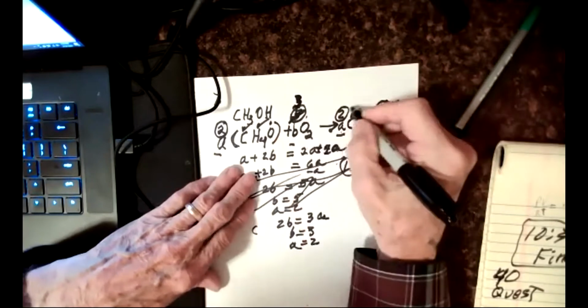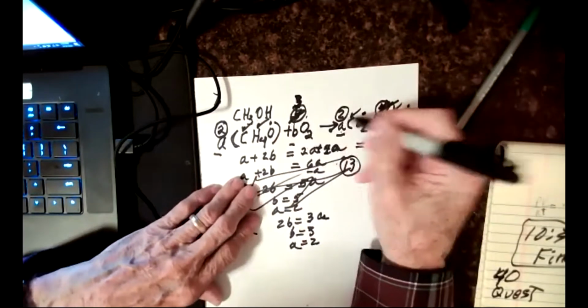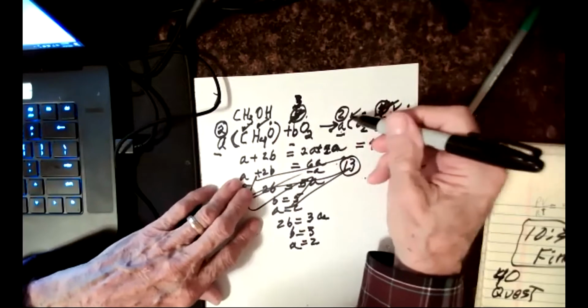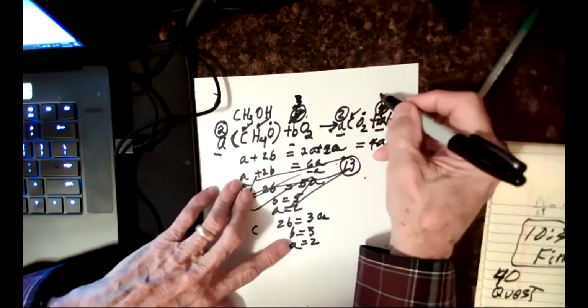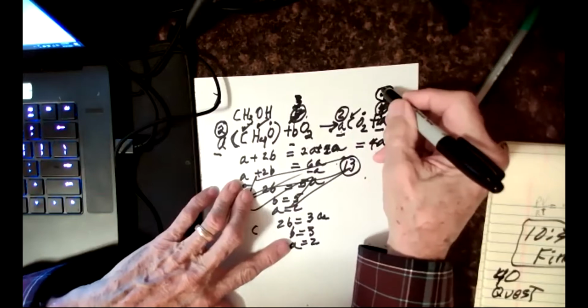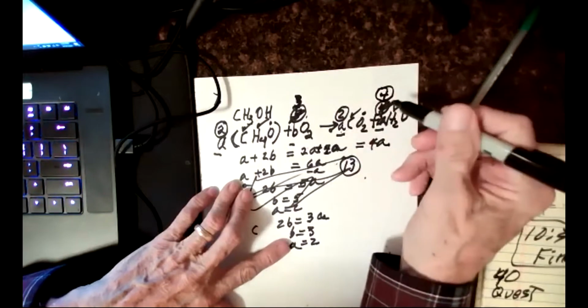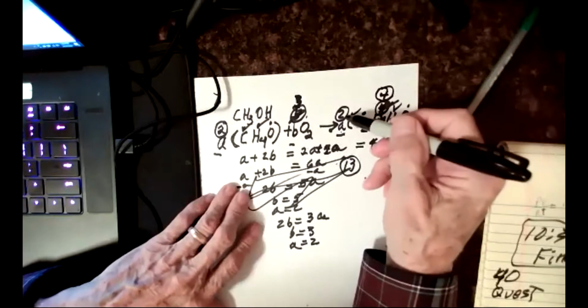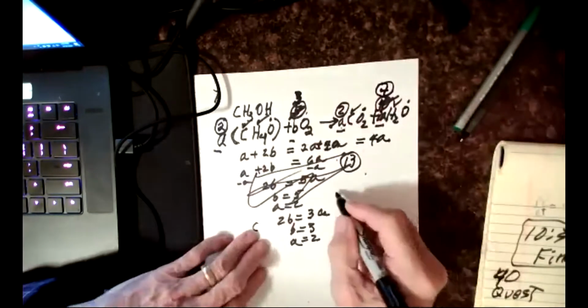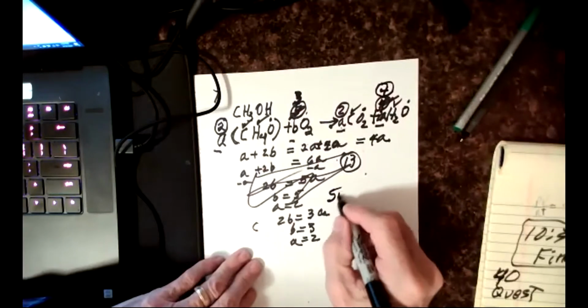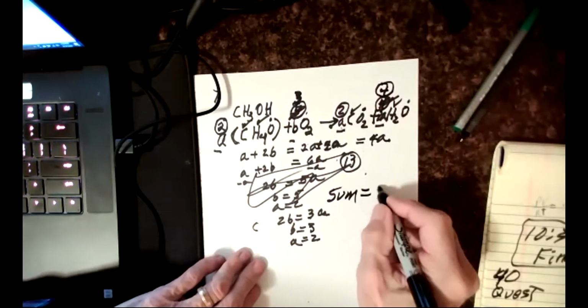That's a 3. And that's still good, right? So I've got A is 2, so that's 4. And A is 2, that's 2. So 4, 5, 6, 7, 8, 9, 10, 11. Now we're good. So the sum is equal to 11.